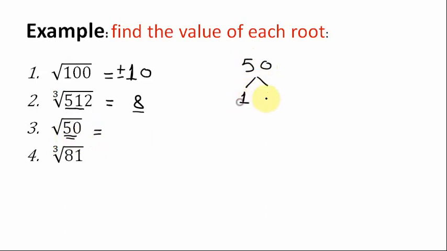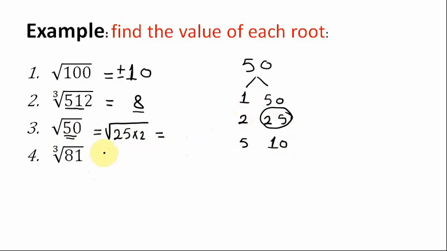So we already have 1 times 50, and we have 2 times 25, and we have 5 times 10. Okay, here we will select only the perfect square number. We have here a number other than 1, so we have 25.